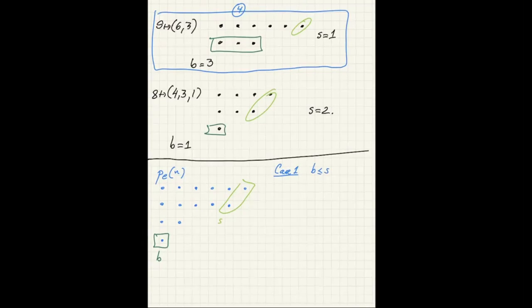So in that case, what we do is we remove the base and we adjoin it to the diagram to form a slope parallel to the current one.